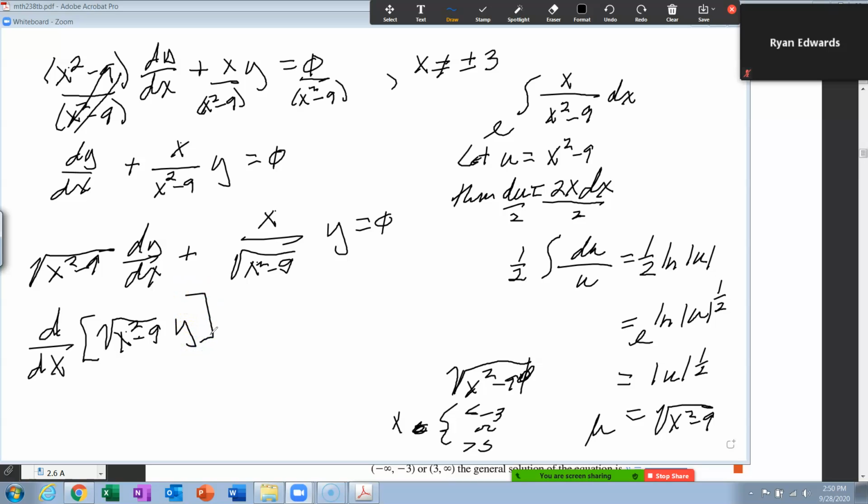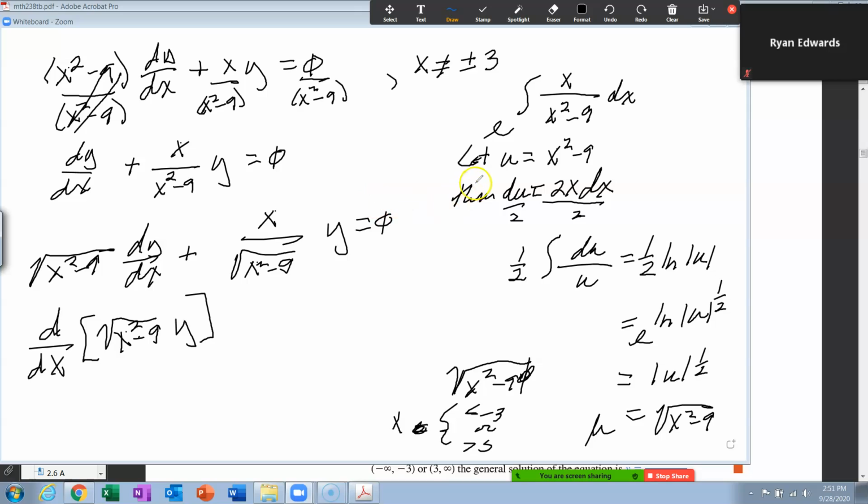Now let's see if we made the left-hand side that. Okay? Let's take a derivative. This is a product, so it's the first times the derivative of the second, plus the second, y, times the derivative of the first.